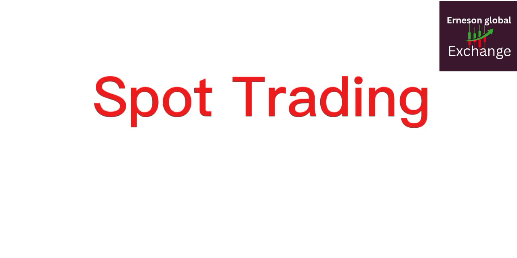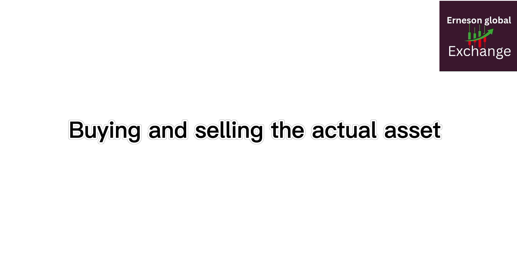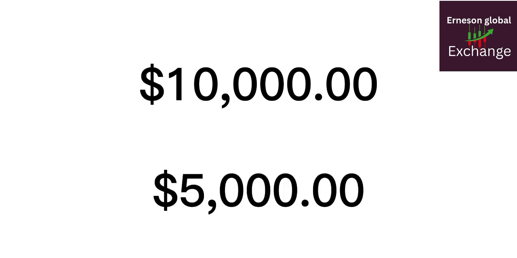For spot trading, you are buying and selling the actual asset. For instance, let's say you bought a parcel of land for $10,000. You are in charge of that land. If the price drops to $5,000 and you choose to sell, then you are at a loss of $5,000.